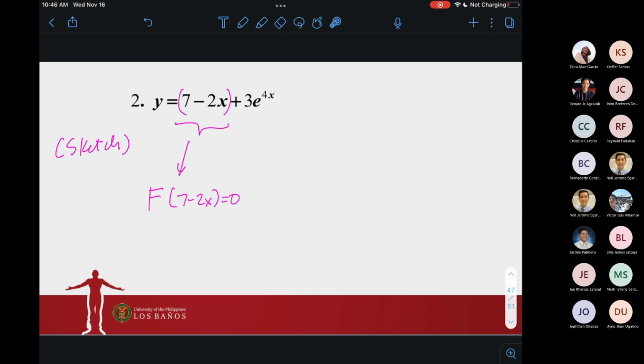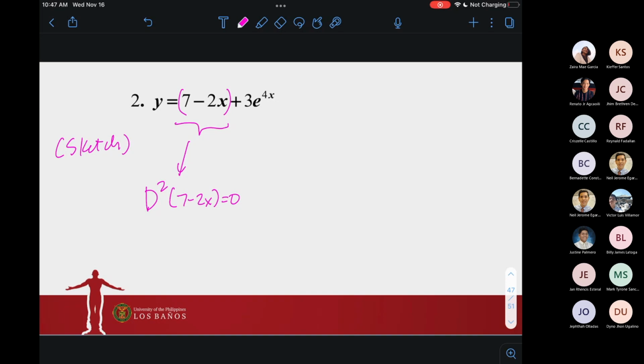Yeah, Victor is correct. Nag-differentiate ako twice. Dinifferentiate twice ko yung linear function, kaya magiging sagot ay 0. So yung differential operator dito na f ay d squared actually. Right? Kasi kailangan kong i-differentiate twice si 7 minus 2x para ang sagot ay maging equal kay 0. Okay?